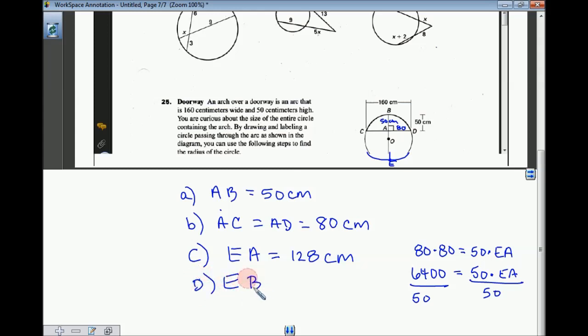So EB is going to be the sum of these two. So 128 plus 50 is 178. And then, find the length of the radius. What do we do? Divide by 2, right?